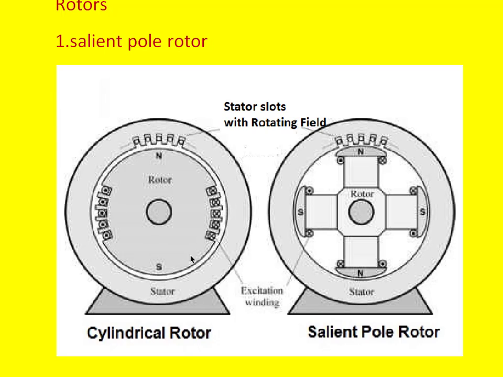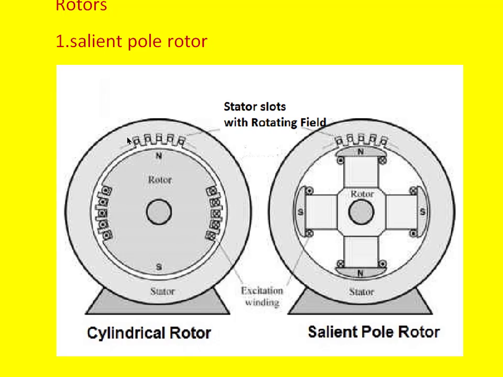In the cylindrical rotor there are slots in which the winding is placed. That winding is nothing but the field winding of the rotor, and that in turn will be connected to the DC supply. And this is the stator, and it will also have slots in which the three-phase winding is housed, and this is all the cylindrical rotor.